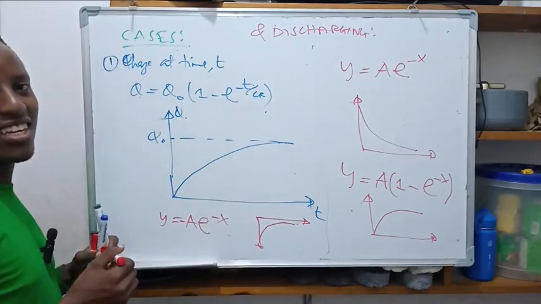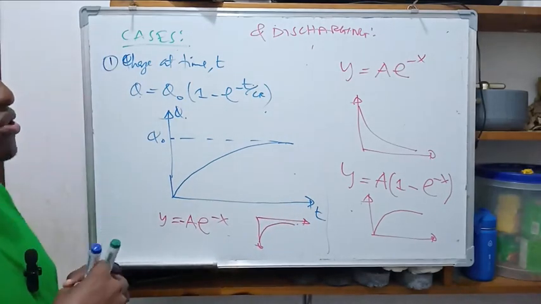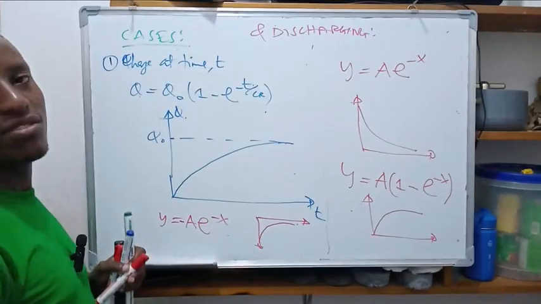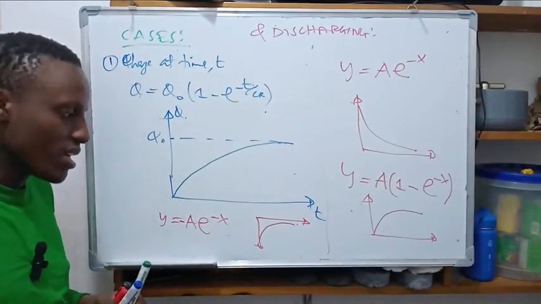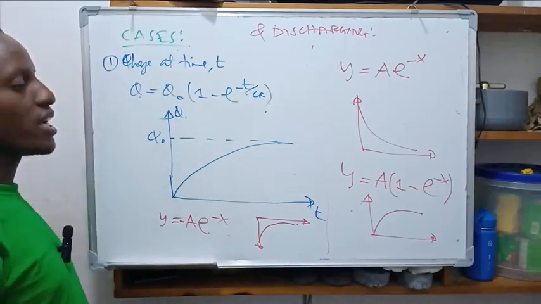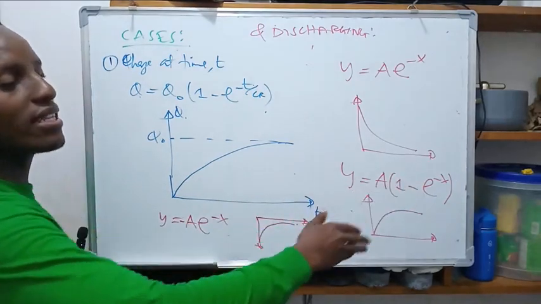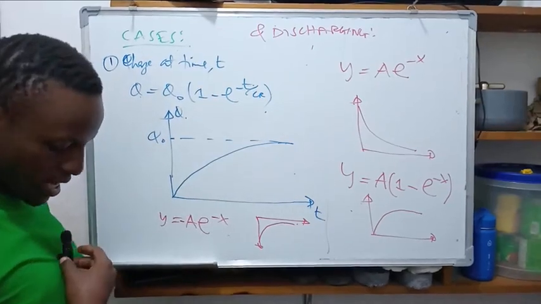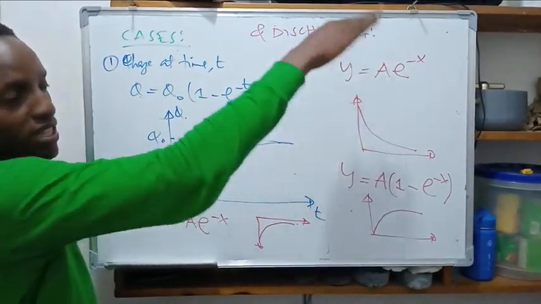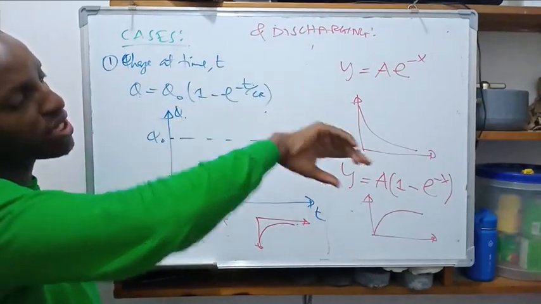You see it? Yes. So there are those three natures of graph that you need to know about natural logarithmic graphs. In case it is negative, you reverse the values. In case it's just positive 1 minus, you just use it. In case it's positive here but negative x, you draw it in that nature.